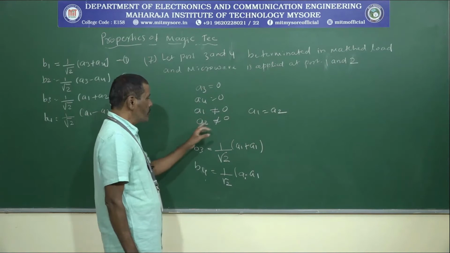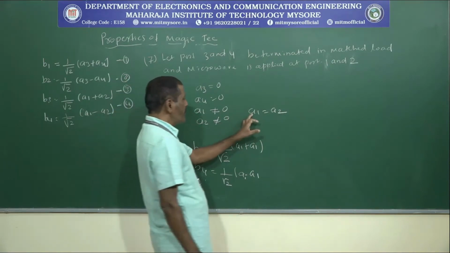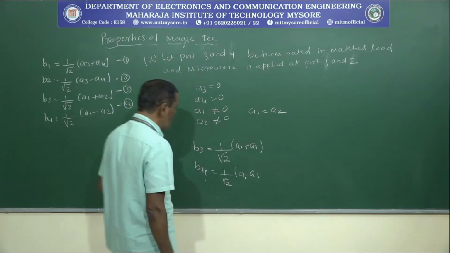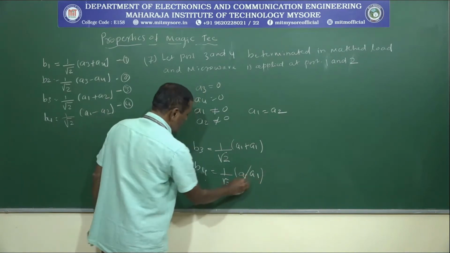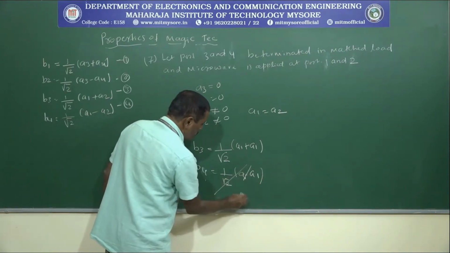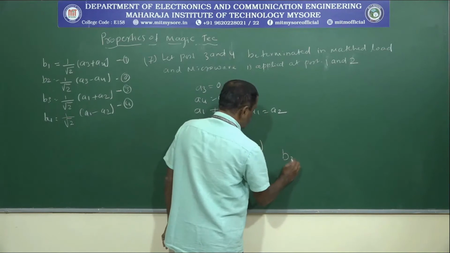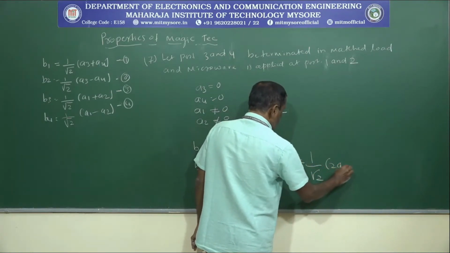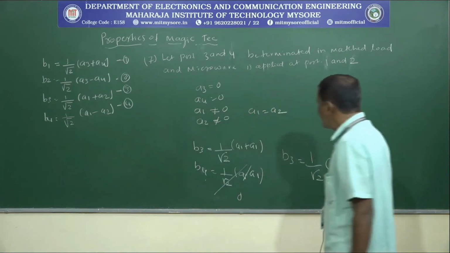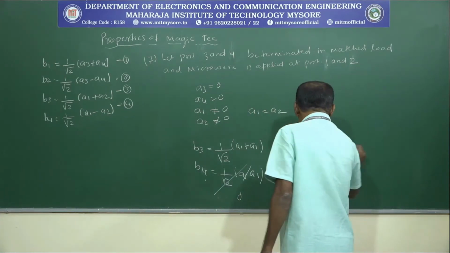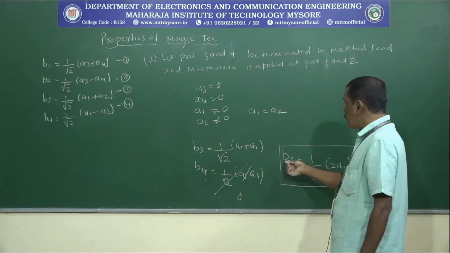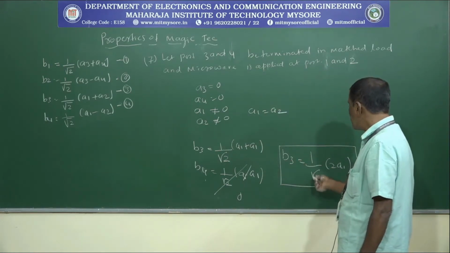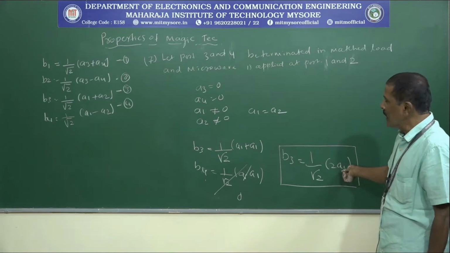If you substitute in this, this term will go, so the whole term is going to be 0. So then B3 is equal to 1 by root 2 times A1. And this is the output you will get from property number 7. Your B3 is equal to 1 by root 2 times A1.